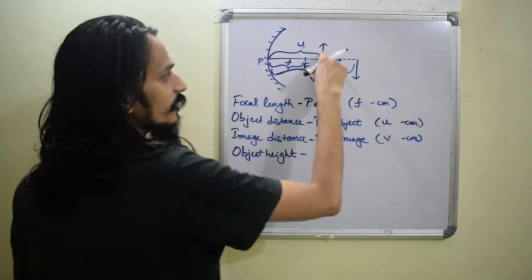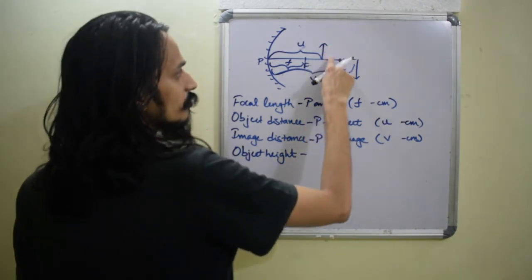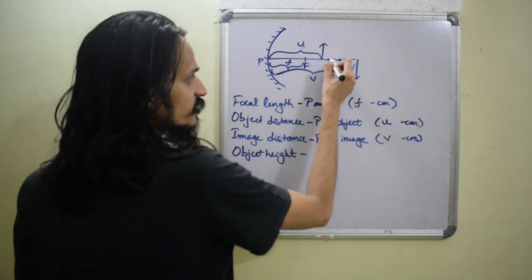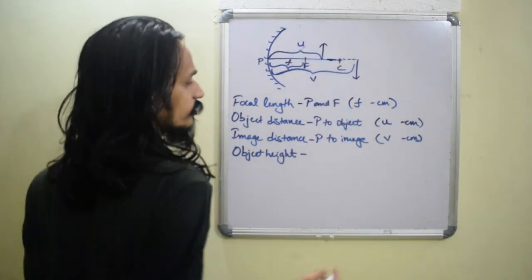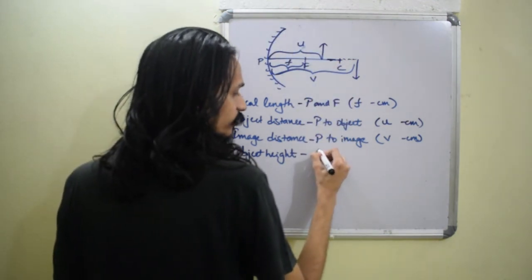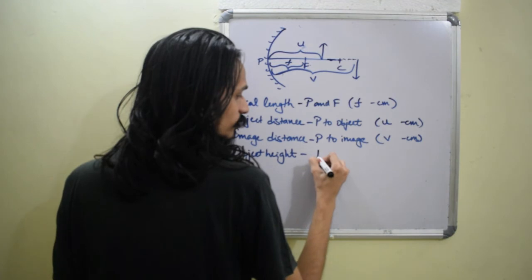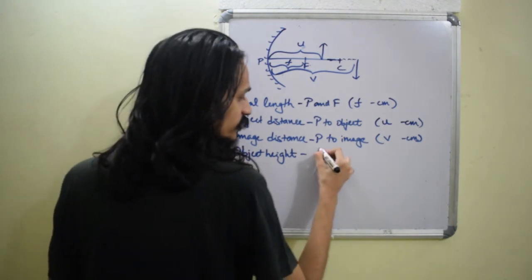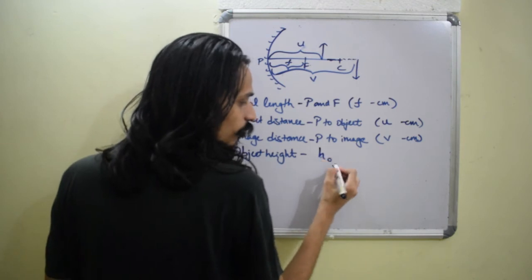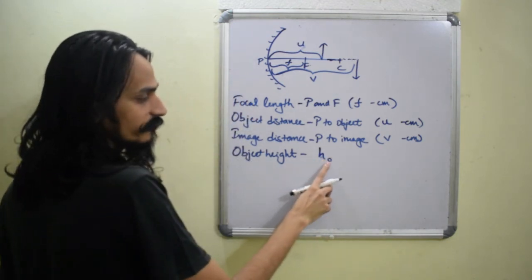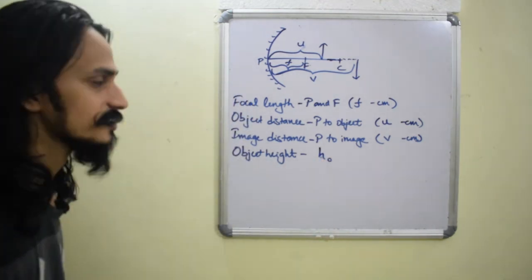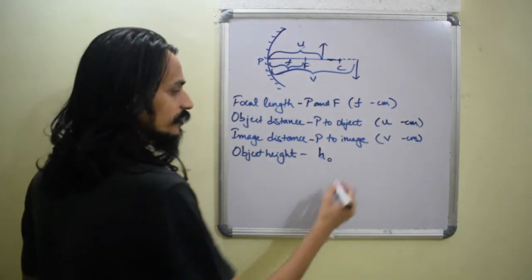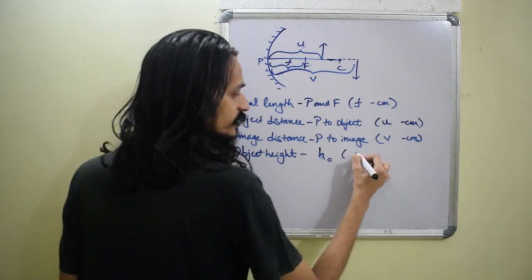We look at it from the ends of the object, just the way we measure our height from our feet to our head. It is denoted by a small h with a small o written at the bottom. Height of object, as simple as that. This is also written in centimeters.